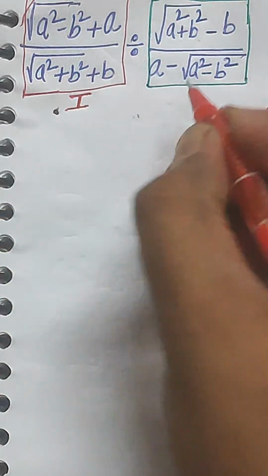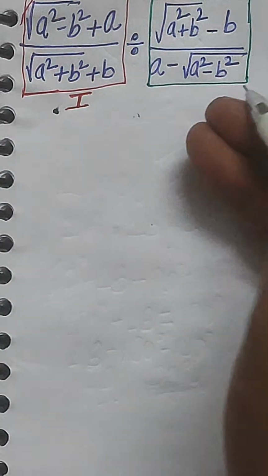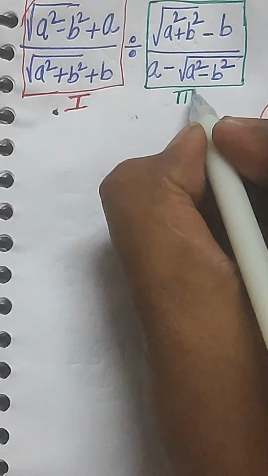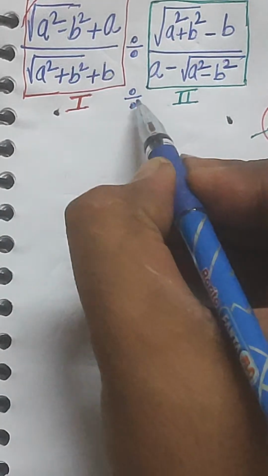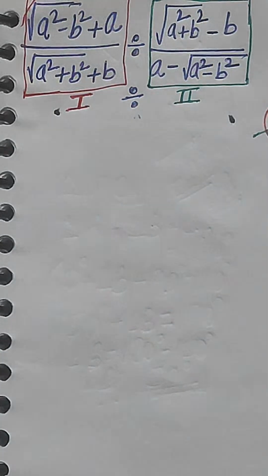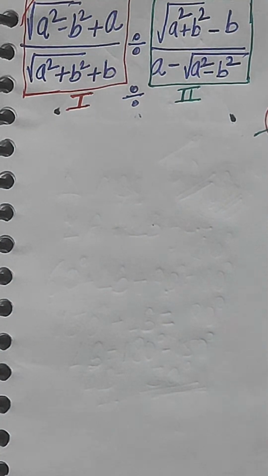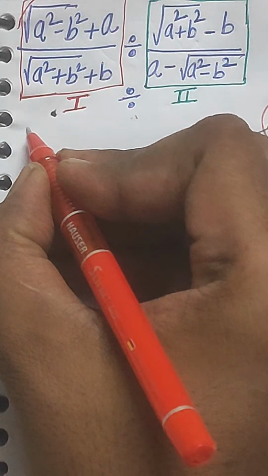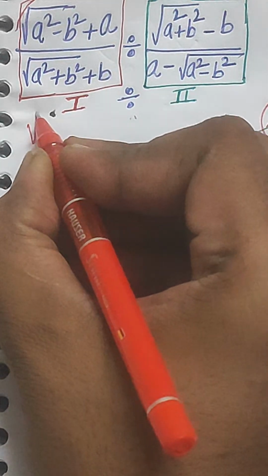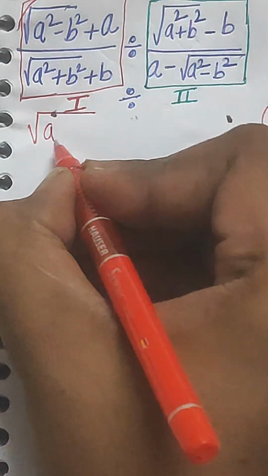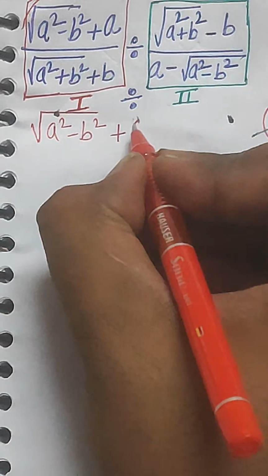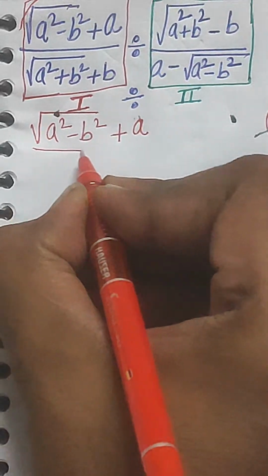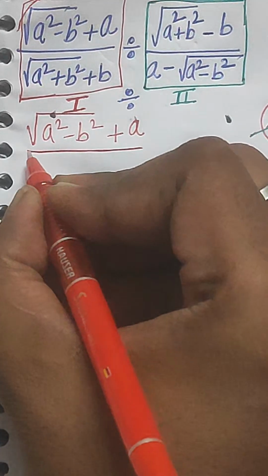Okay, if this is first and this is second, so first is divided by second, right? So considering the first now, if the first is root over of a square minus b square and plus a is outside of the root, mind it, right?